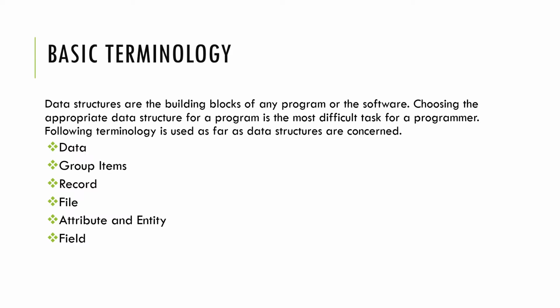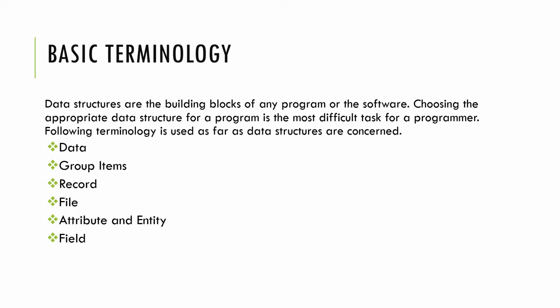Second, record. A record can be defined as a collection of various data items. For example, if we talk about the student entity, then the name, address, course and marks can be grouped together to form the record of the student. Next one is file.